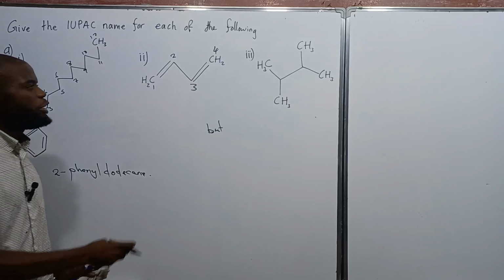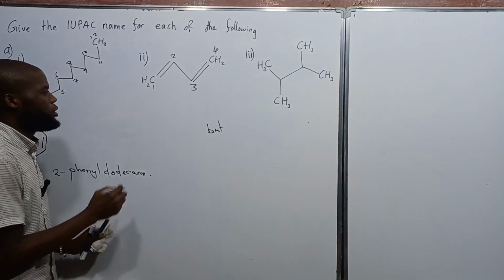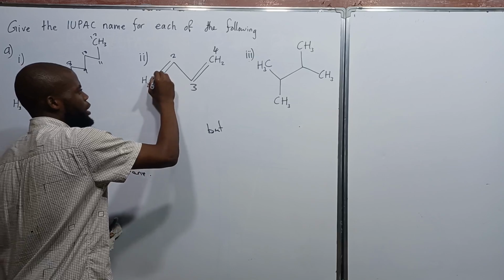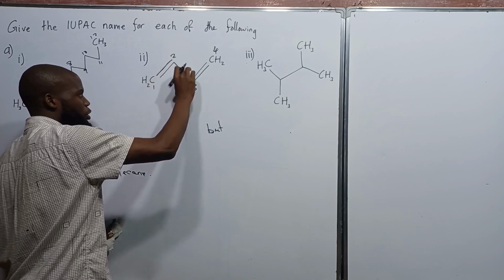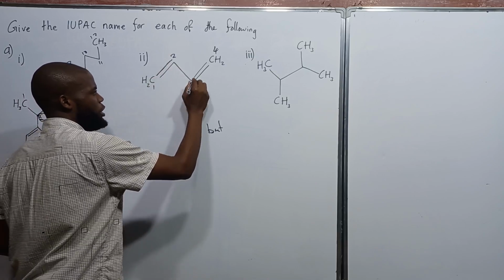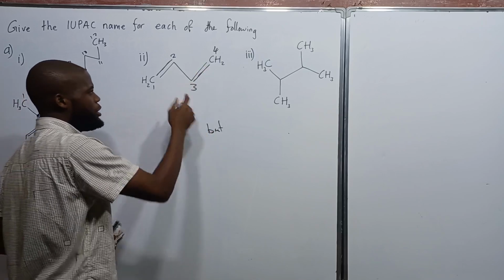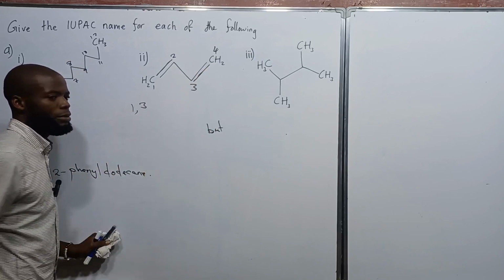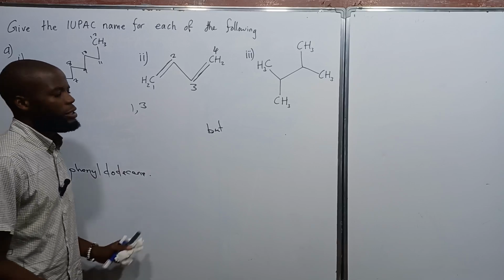Step number 2, we check for the presence of any double or triple bonds. If you've noticed, at carbon number 1, there is a double bond. Carbon number 2, we do not have a double bond. Carbon number 3, there is a double bond. So at carbon number 1 and also at carbon number 3, there's a double bond for this particular organic compound.